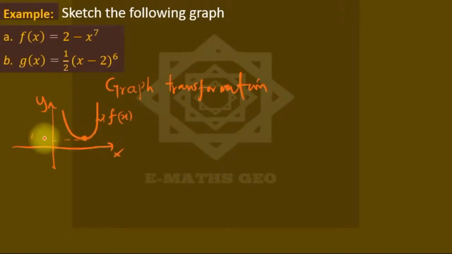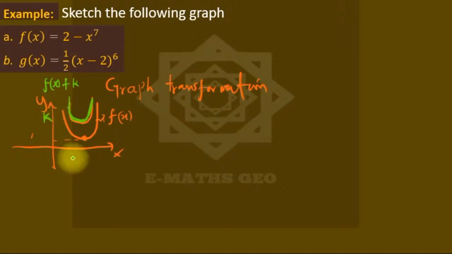If I shift up, what do I have? If we shift this graph up, whatever we get here will be the original function, which is f(x) plus k, assuming we shifted k units up.